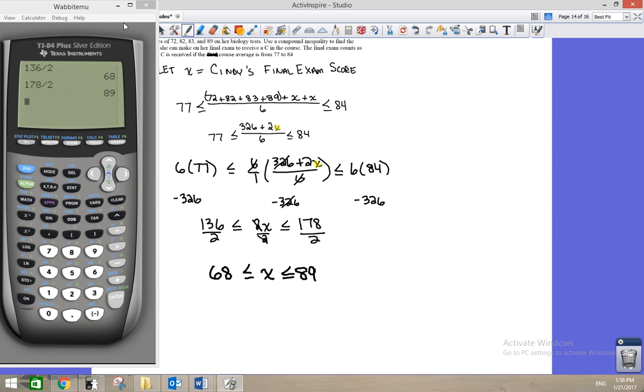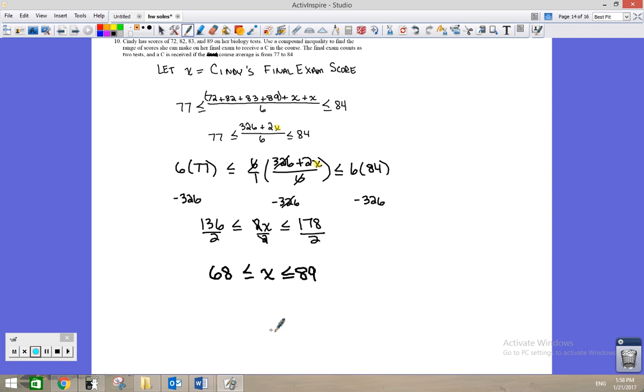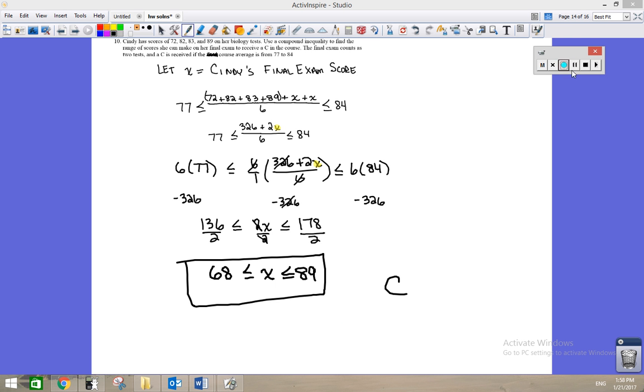So she's got a pretty nice range of targets here. If she scores between 68 and 89, including those endpoints, she's going to get her C in the class. So this is what they wanted. All right, I hope that helps, and I hope it wasn't too boring or too long. Talk to you later.